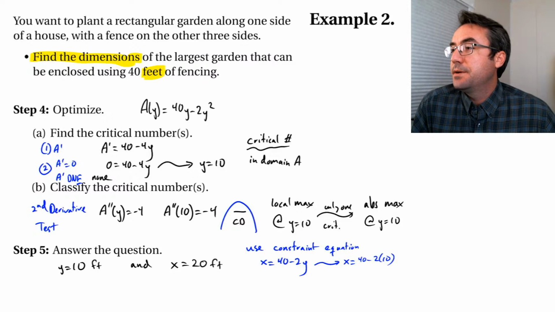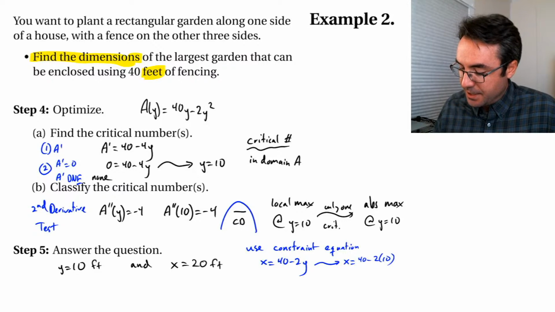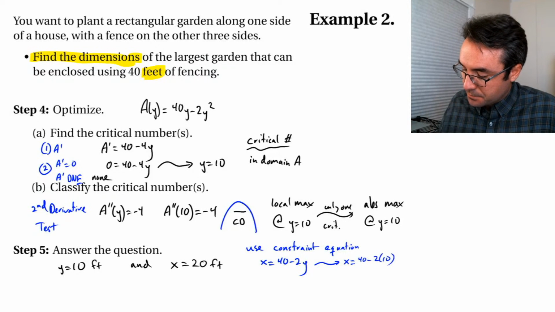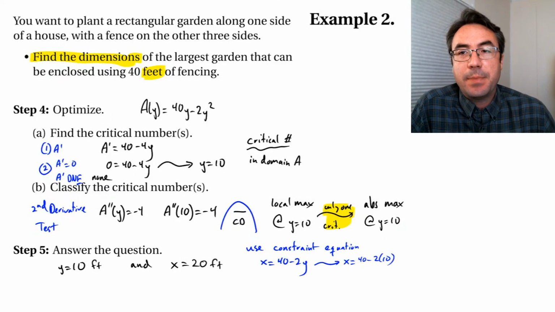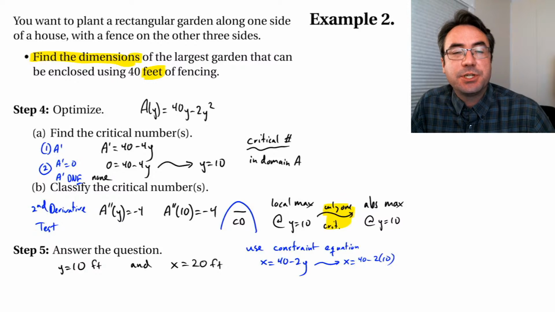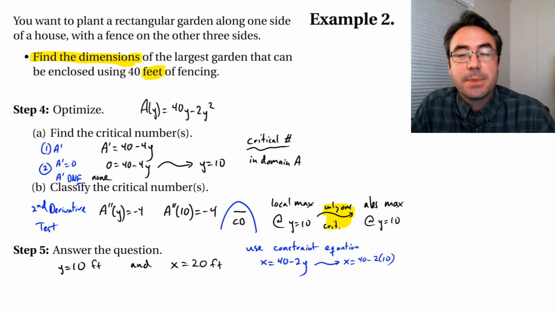So there's a question. I do want to see if this does happen. I do want to see some sort of mention of this implication arrow on an exam if we're trying to find the absolute max or the absolute min.